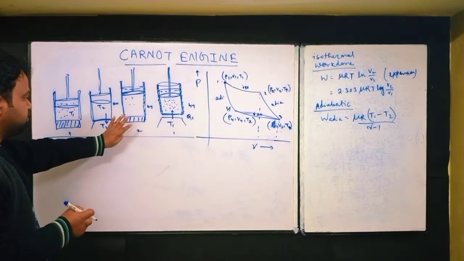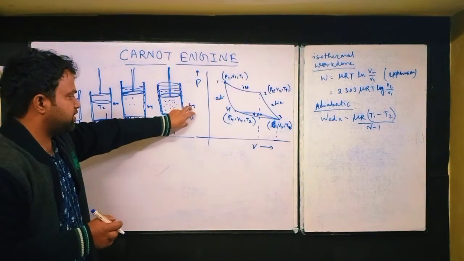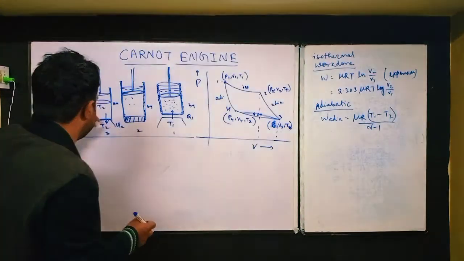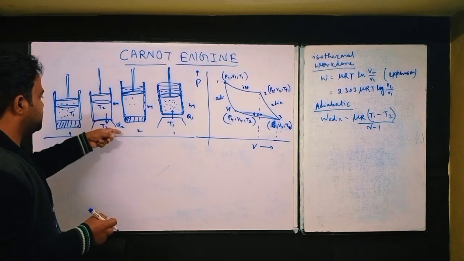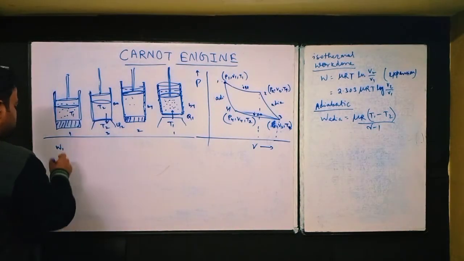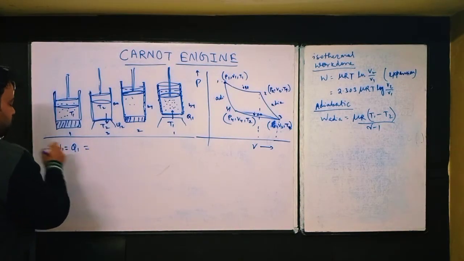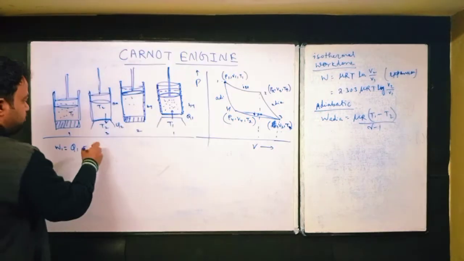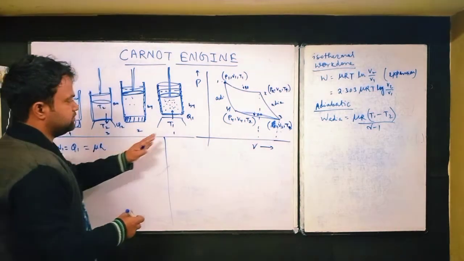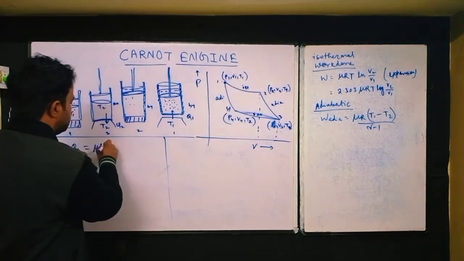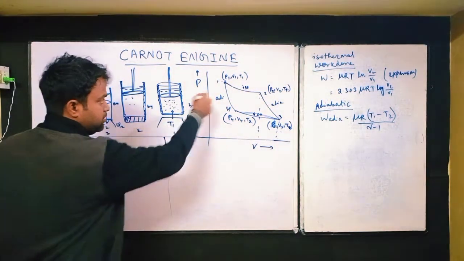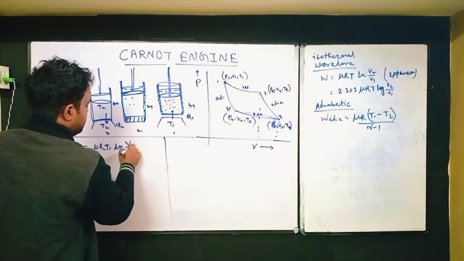So we'll use that. Whatever amount of heat we are supplying, that heat has done the work, and here whatever amount of work we have done on the system, that amount of heat has been released. So W1 equal to Q1 we can write, and W1 is mu R, the temperature is T1, and ln of the volume ratio V2 by V1.